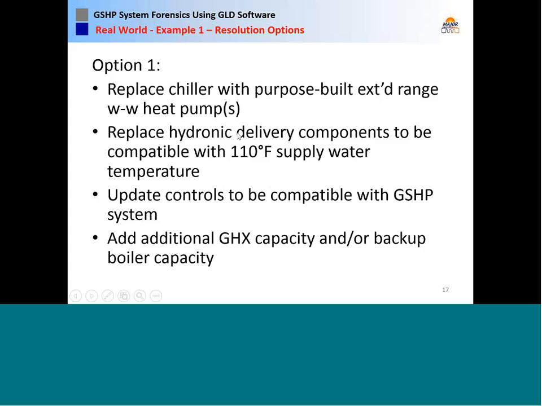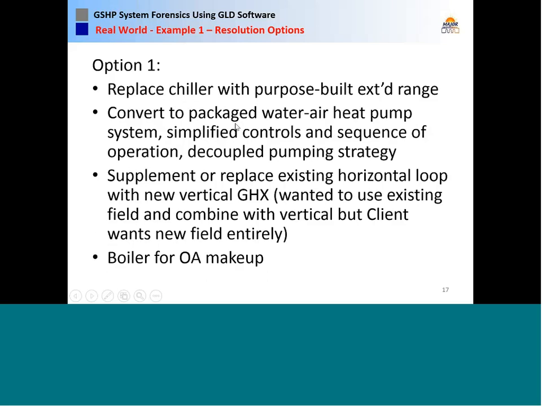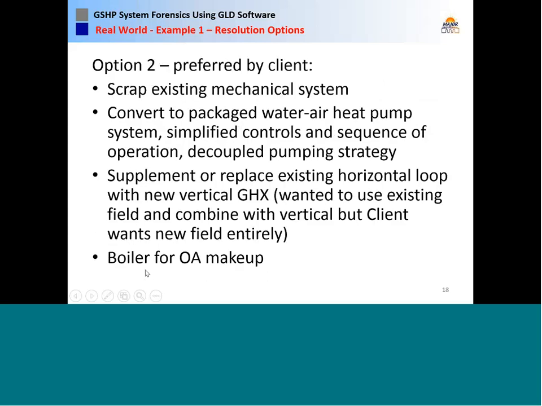The client did not like that, though, because they're in a remote area. They wanted something simple to begin with. They also did not want to be paying for a lot of propane. So the option that they preferred that we offered was scrap the existing mechanical system, convert to a distributed packaged water-to-air heat pump system, simplify the controls, and decouple the ground loop.